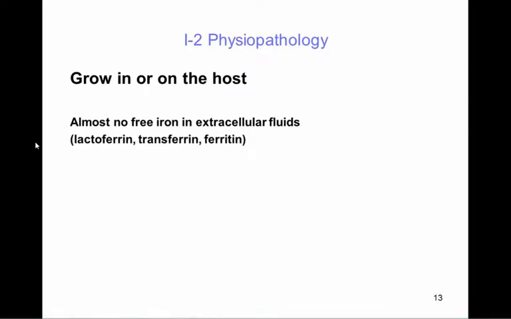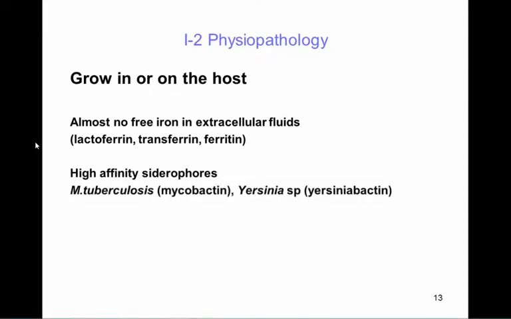Now there are different ways and means of doing this. The first is to express a very high affinity siderophore. In this case, the siderophore will be able to pick up the very low concentrations of free iron that are around. Mycobacterium tuberculosis does this, and Yersinia.